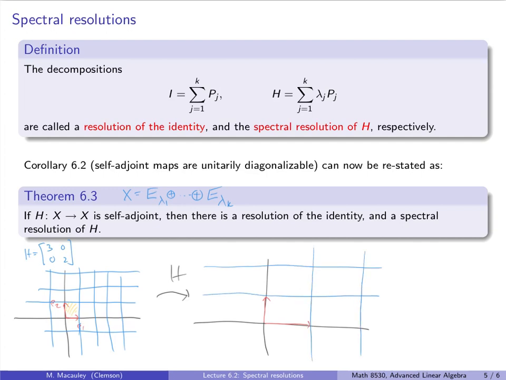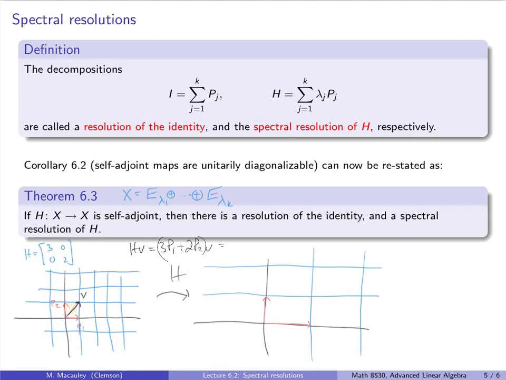So you can think about a vector. Let me take the black marker, I think that's going to come out better. Vector v, and let's apply H to v. What happens? H times v is equal to 3P1 plus 2P2 times v.